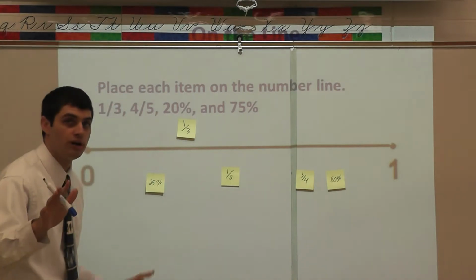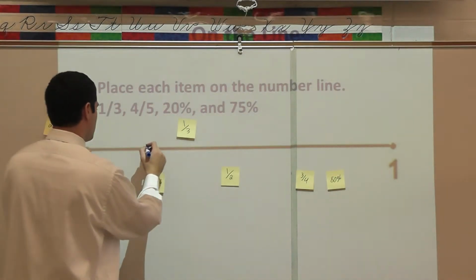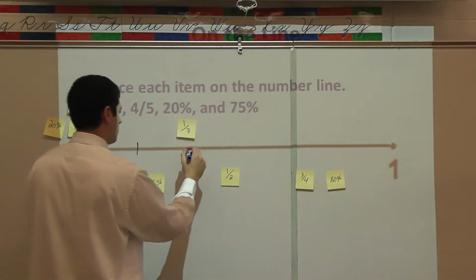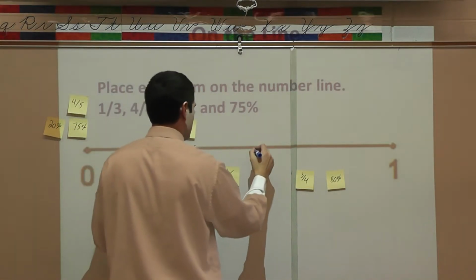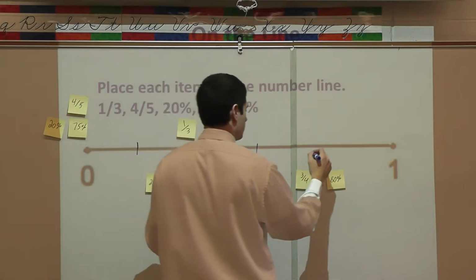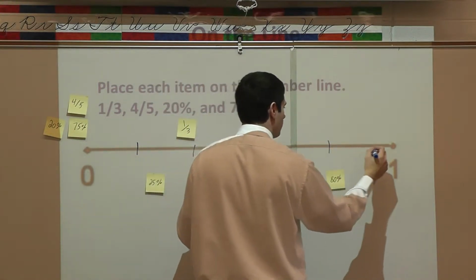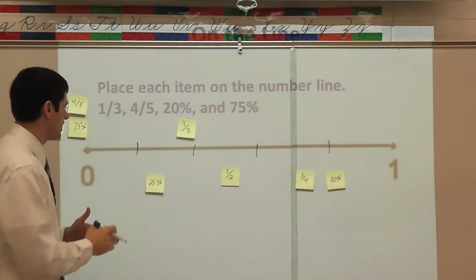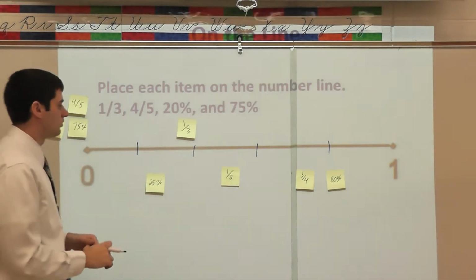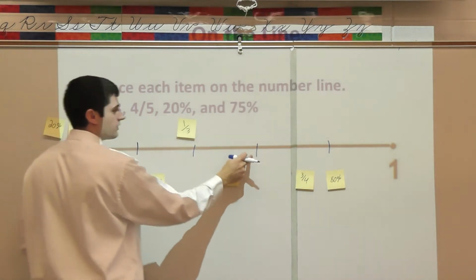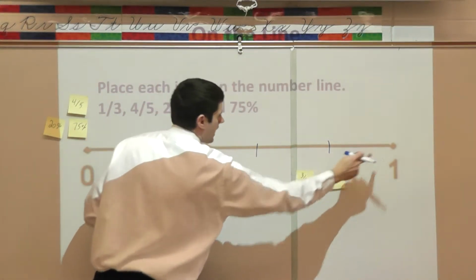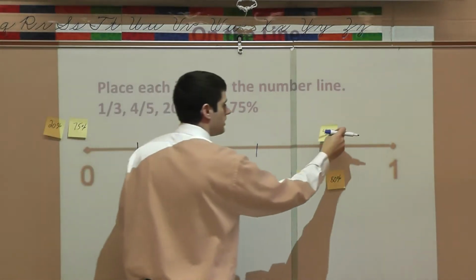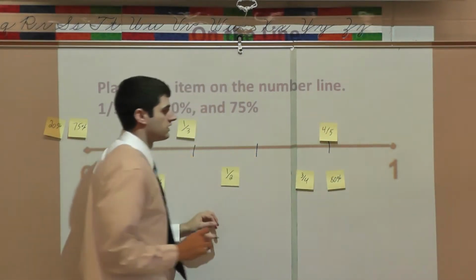And again, using your best drawings here, this may be about 1/5, that could be about 2/5, about 3/5, about 4/5, and about 5/5. So again, I've broken mine up into 5 equal parts: 1/5, 2/5, 3/5, 4/5, and 5/5. So I just labeled this one 4/5.